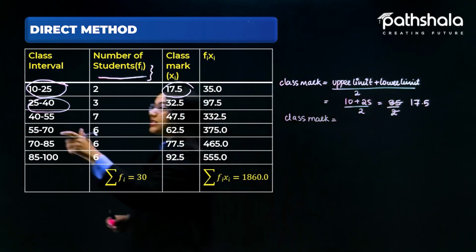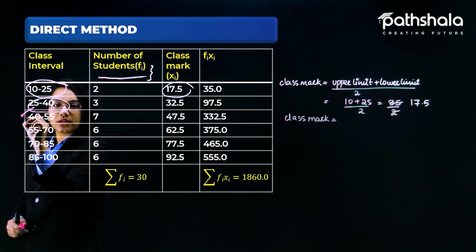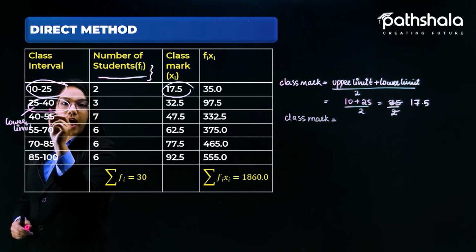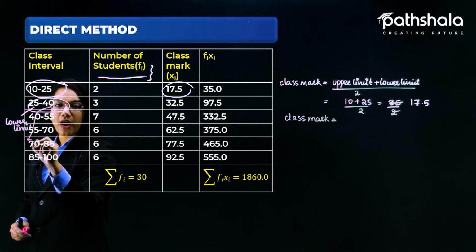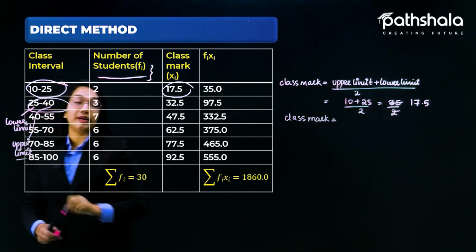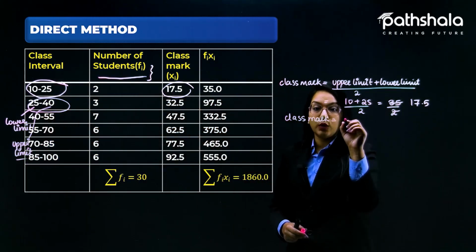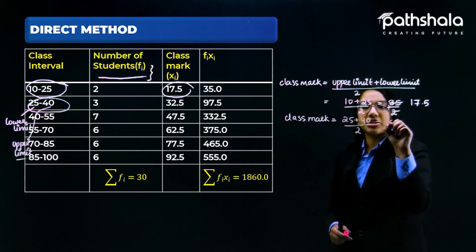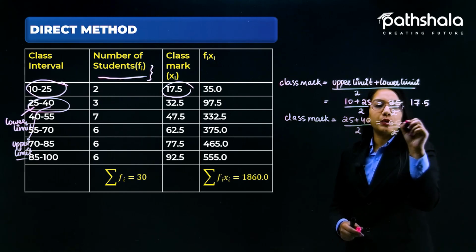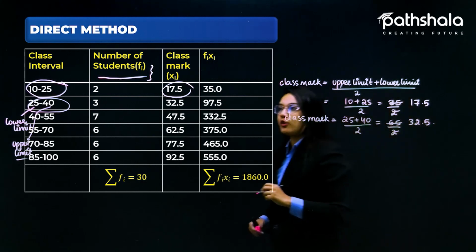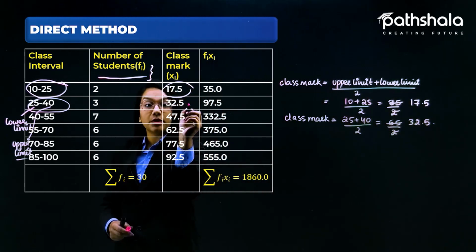Here 25 is my lower limit, and 40 is my upper limit. So lower limit 25 plus upper limit 40, divided by 2, is 65 by 2. So we have 32.5. You can see for yourself that this is 32.5.